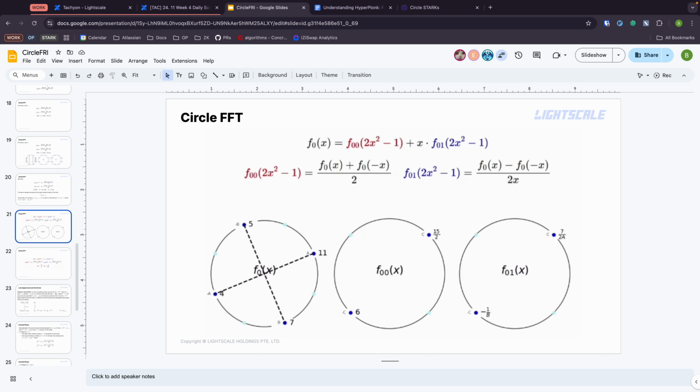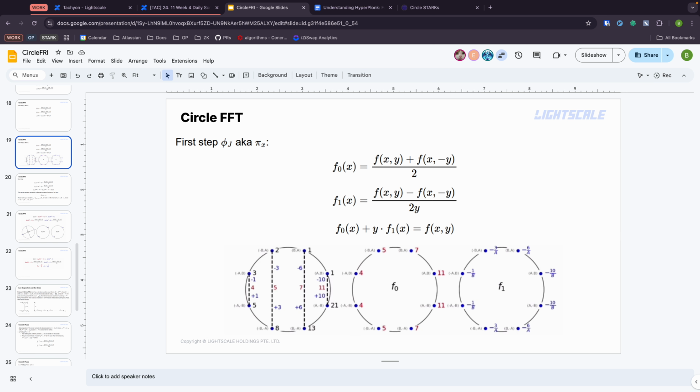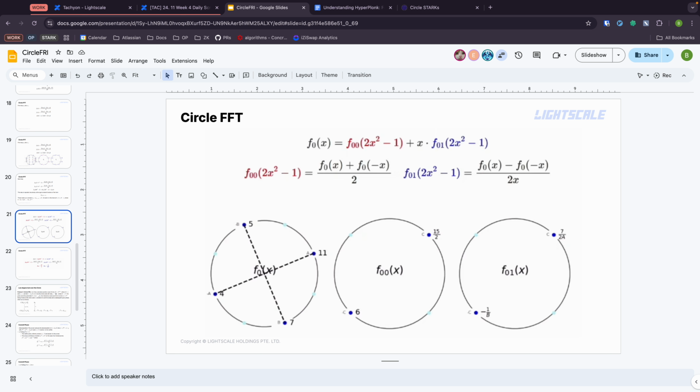Oh, okay, I skipped this slide. So after one more folding, we get this 8. After one more folding, we will get this. Wait, the 8 goes to 2? This goes to 4 and then 2.